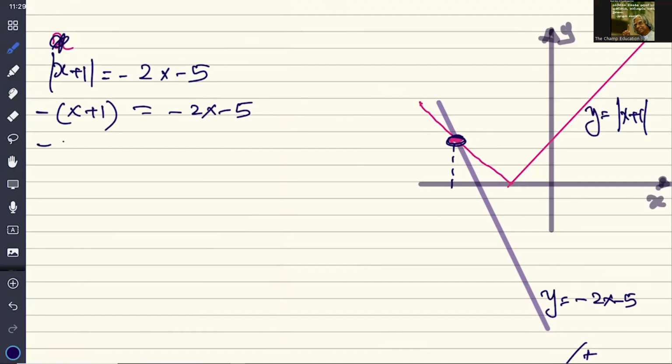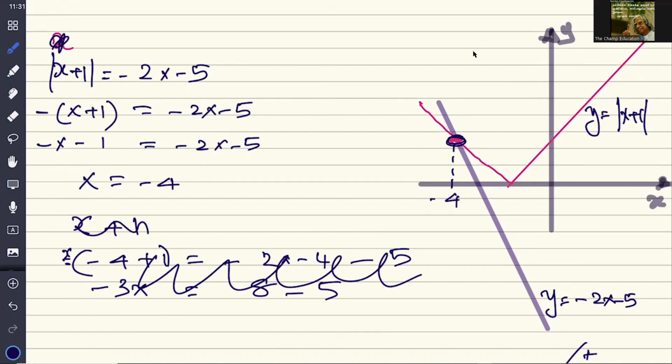So minus x minus 1 equal to minus 2x minus 5. So expand the bracket, that's going to happen. Then x is equal to, you will see the answer, minus 4. So the intersection will be only at minus 4. So you can substitute this value into both of them. Then you will find the answer exactly the same.